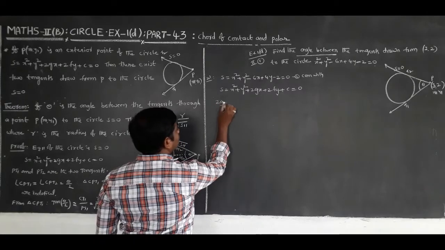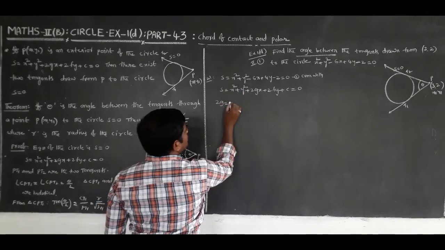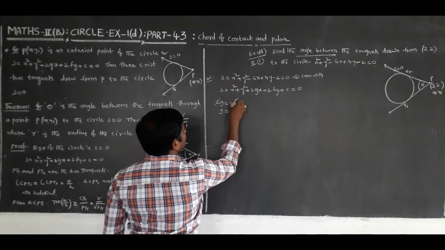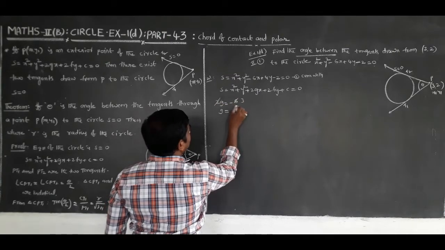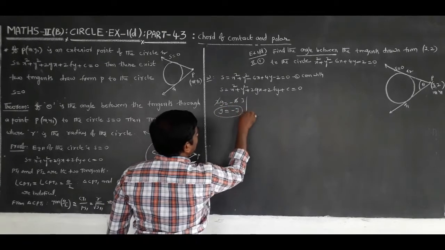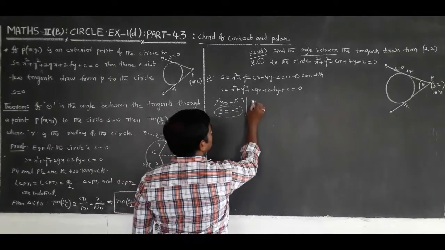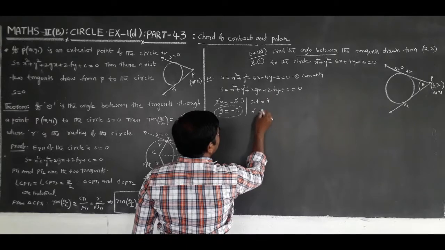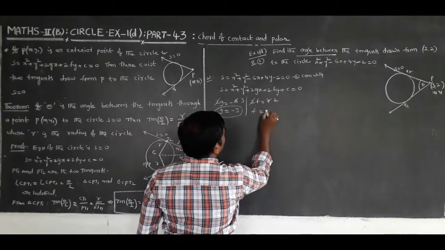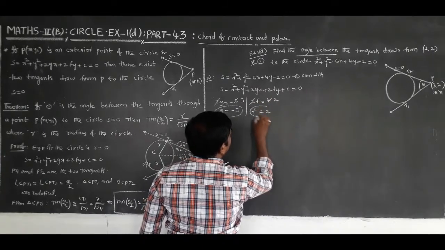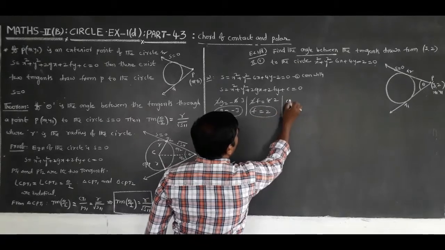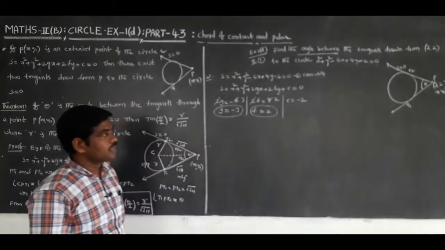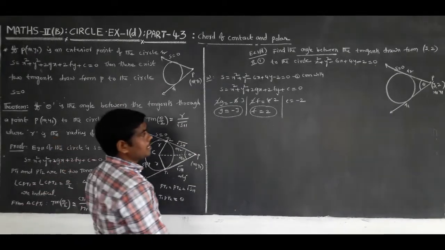Here the x coefficient 2g is equal to minus 6, so g is equal to minus 3. The y coefficient 2f is equal to 4, so f is equal to 2. The constant c is equal to minus 2.